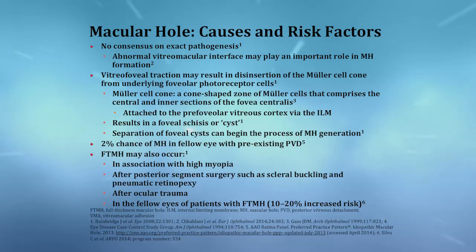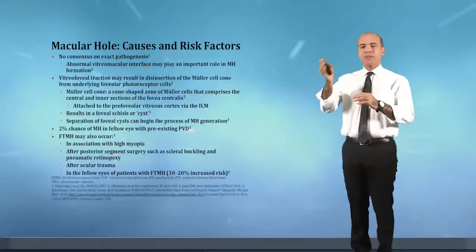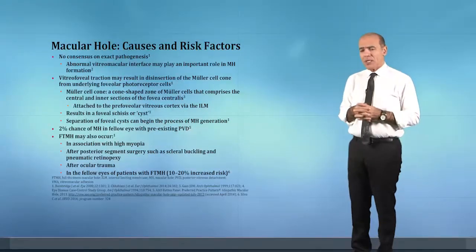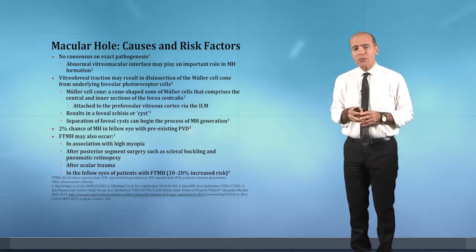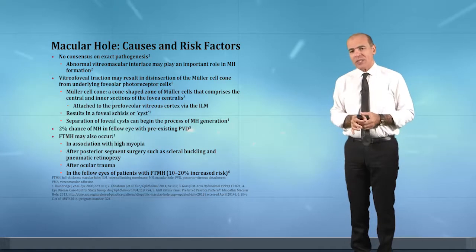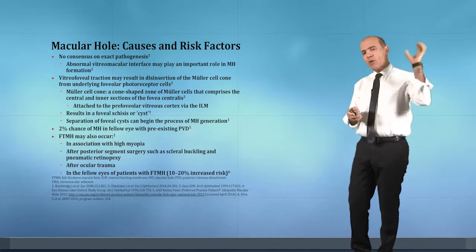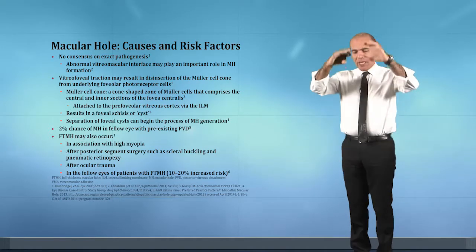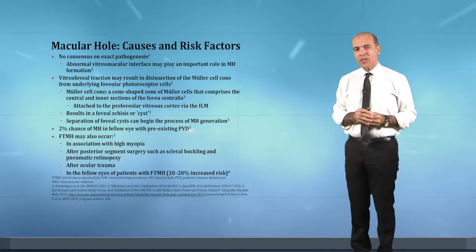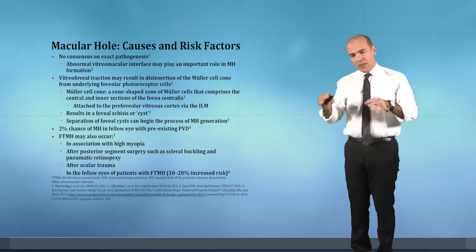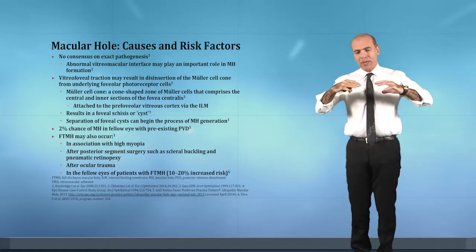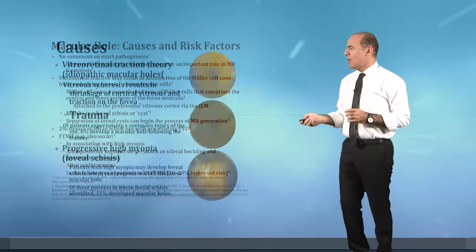It always happens at the time of the PVD, which normally occurs after the age of 50 and reaches after the age of 60. Most of the people have total posterior vitreous detachment. At the time of the posterior vitreous detachment, sometimes a macular hole can evolve due to the traction exerted from the anteroposterior traction, or it can come later from the epimacular membrane, from the tangential traction as well.